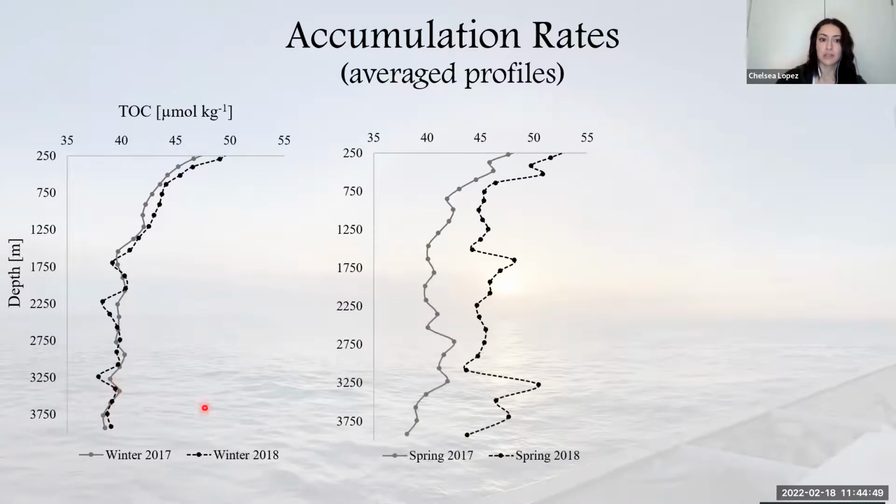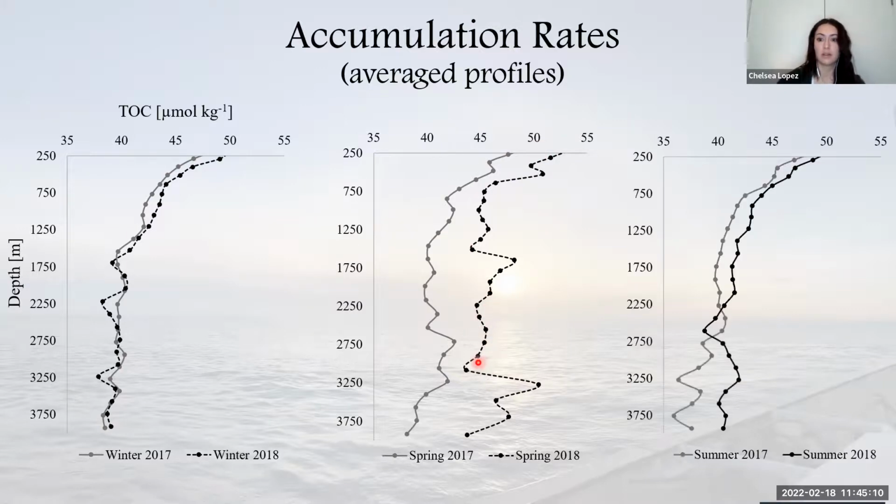We look at springtime, which makes sense from our observations, you have that enhanced variability of both, really. In springtime 2018, the concentrations were higher, so you've got quite an offset here. But the patterns are the same, which is interesting. And then by summer, it all comes back down. They're starting to converge again.